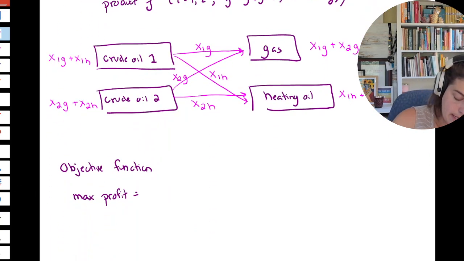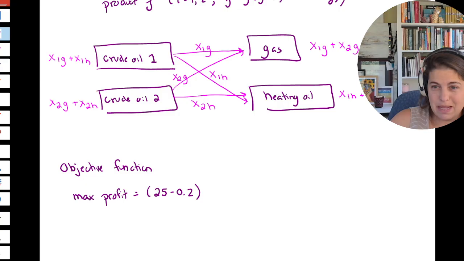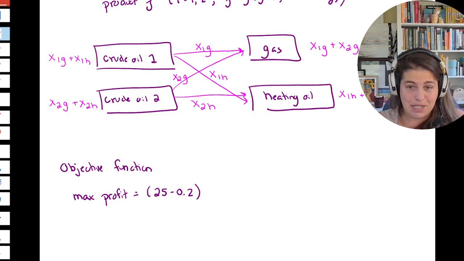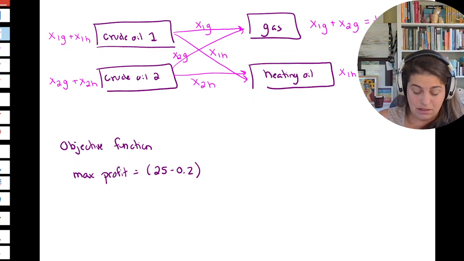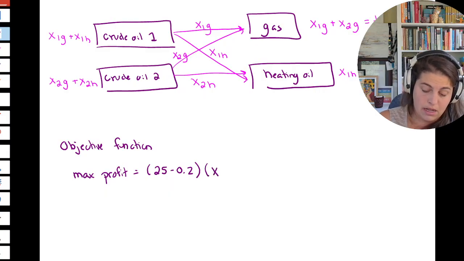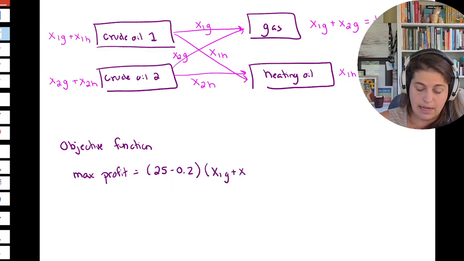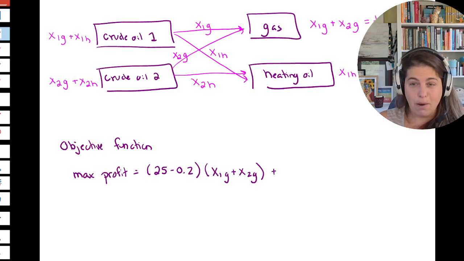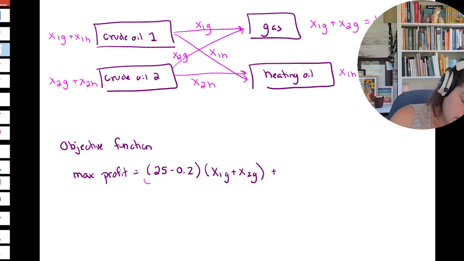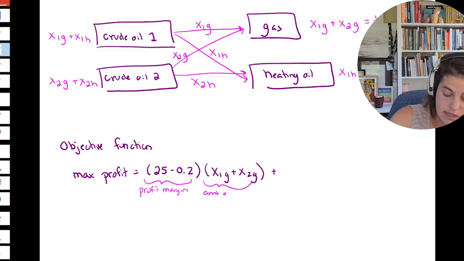So when we go to sell gas, 25 minus 20 cents, we want to multiply it by how much gas am I going to sell? Well, I've got my nifty little chart there. X1G plus X2G. That's my margin on gas, and this is my amount of gas.